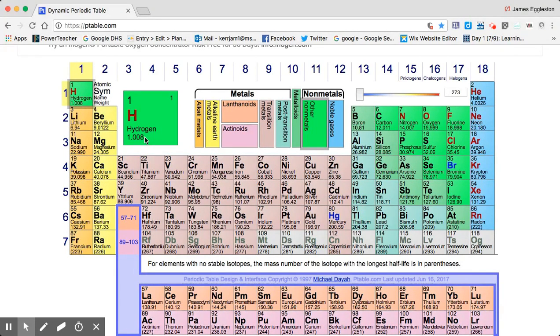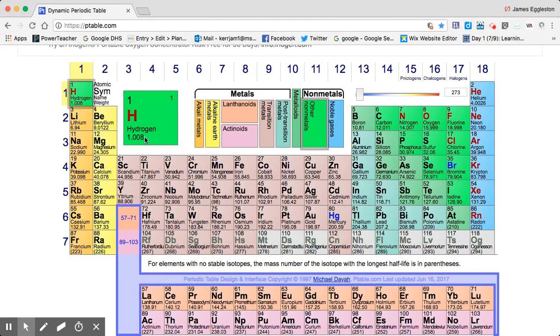Hydrogen has 3 isotopes, protium, deuterium, and tritium. Protium has 1 proton and no neutrons. It has a mass of 1. Deuterium has 1 proton and 1 neutron. It has a mass of 2.